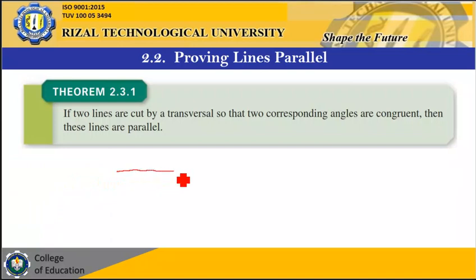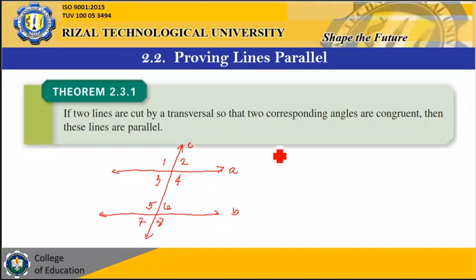Suppose that we have line A and line B cut by a transversal C, and let's name the angles as angle 1, 2, 3, 4, 5, 6, 7, and 8.